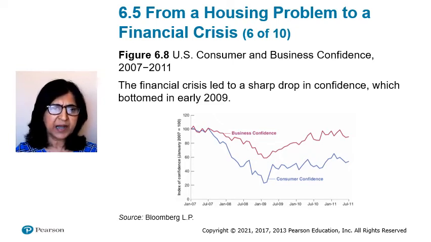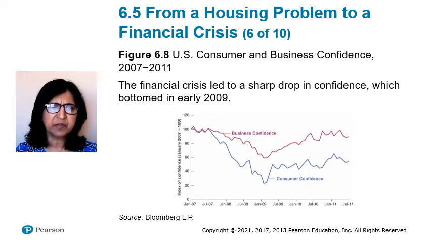The vertical axis of the graph is labeled Index of Confidence. January 2007 equals 100 and it ranges from 0 to 120 in increments of 20. The horizontal axis represents the first and seventh months of each year from 2007 to 2011.